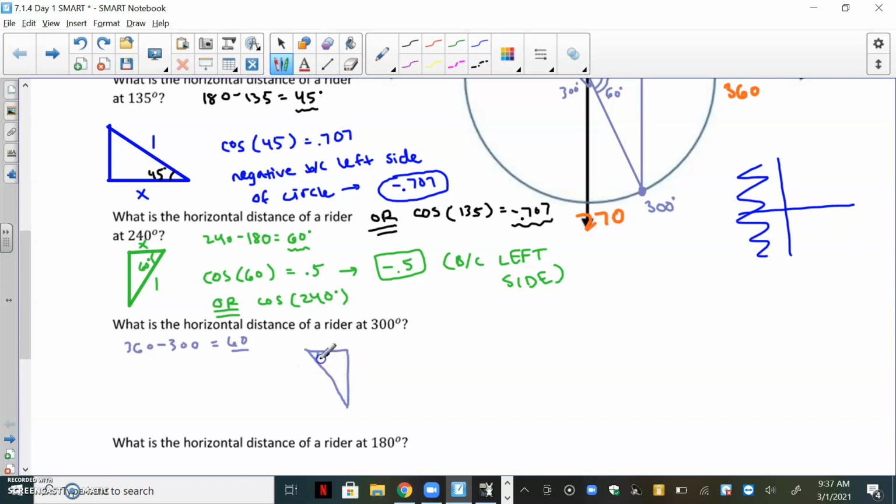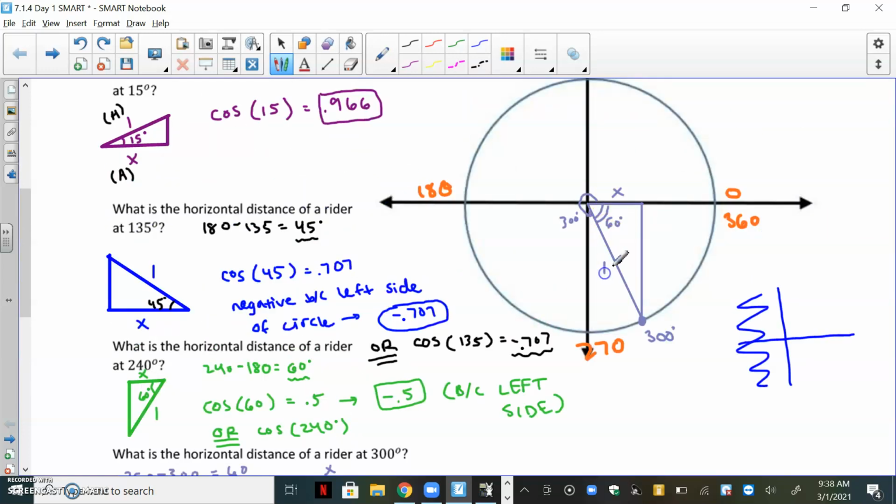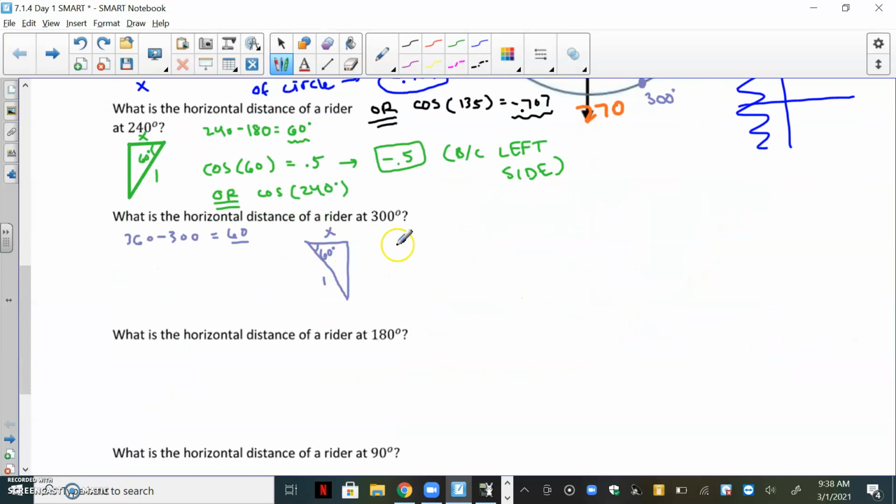So we know here we're dealing with a 60-degree angle. We're trying to find x. Hypotenuse is 1. Label that right here. All right, so now let's find the cosine of 60. That means 300 has the same cosine as 60. Now, this one was also cosine of 60, so we don't even need our calculator to know that it's going to be 0.5.